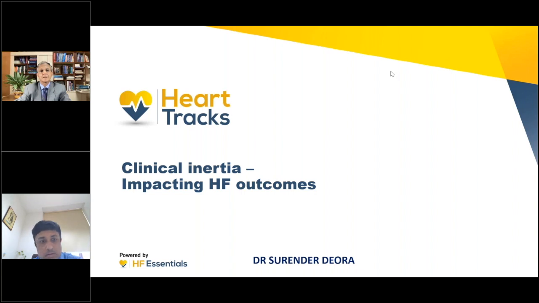This is the first slide. I'm not able to shift my slides. I think this is not on the slideshow mode because the slide is showing smaller in size. If you can go down and put it on the slideshow mode.